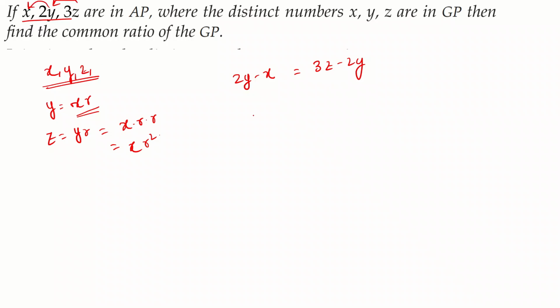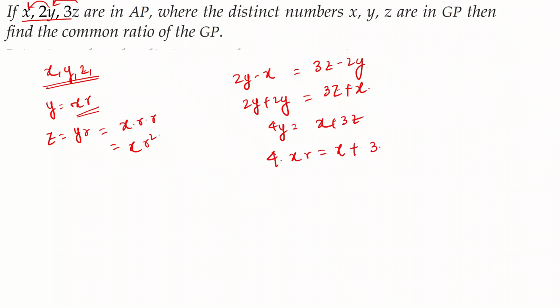So I can take y on one side, so I get 2y plus 2y is equal to 3z plus x. So 4y is equal to x plus 3z. Now all I need to do is put down the value of x, y and z. So y is xr, x is x, and z is xr square.